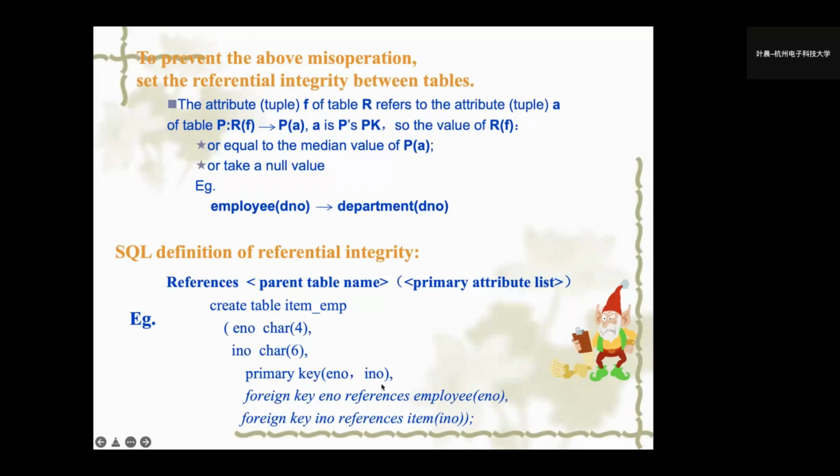As UNO and INO are also foreign keys referencing the employee table and the item table, we write FOREIGN KEY UNO REFERENCES employee UNO and FOREIGN KEY INO REFERENCES items INO. So this is the usage of referential integrity in SQL.